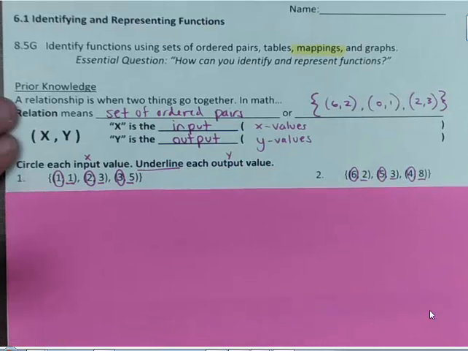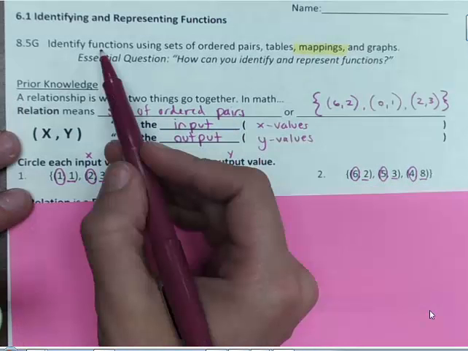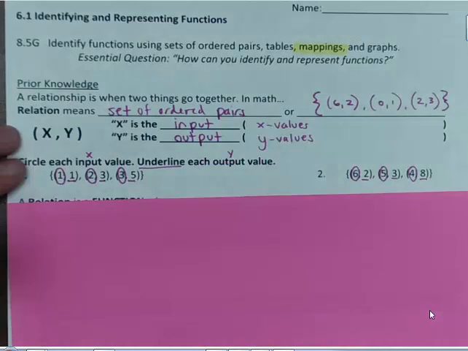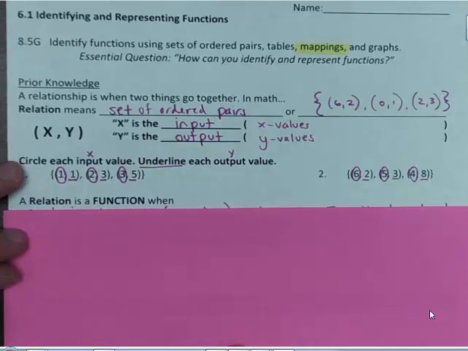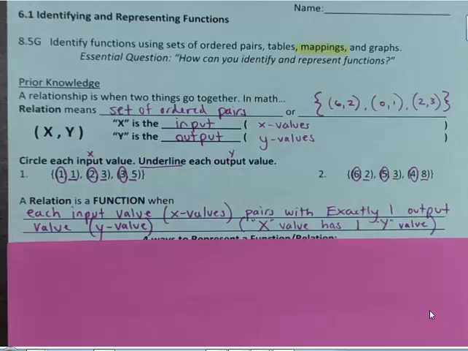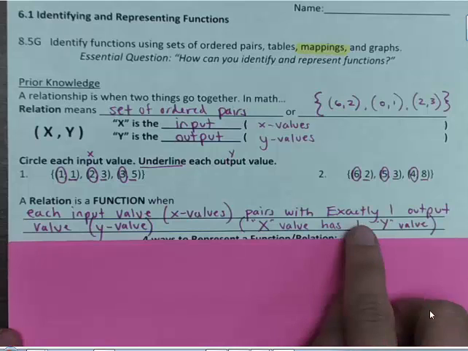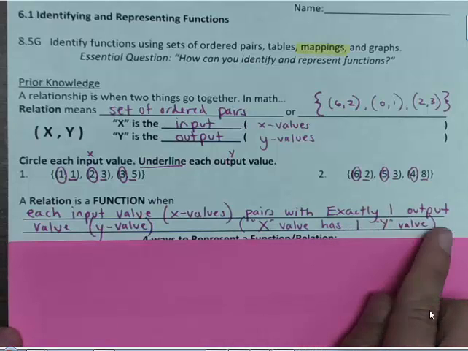Okay, so we're talking about functions here. The TEK says identify functions, so we need to talk about what a function is. A relation is a function when the relationship between our x and our y has each input value, which is our x values, pair up with exactly one output value, which is our y.